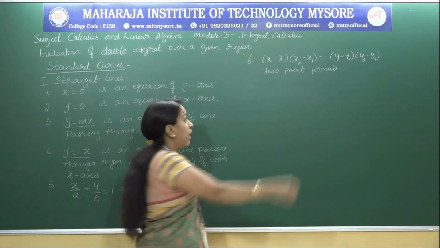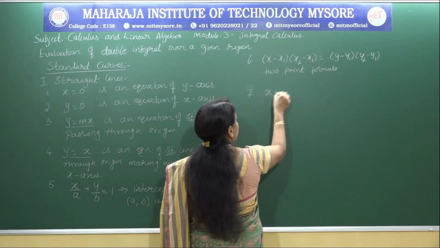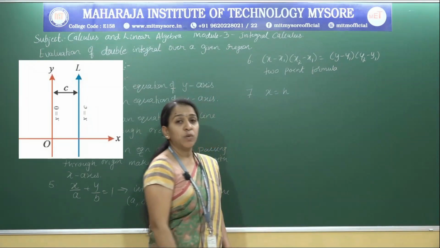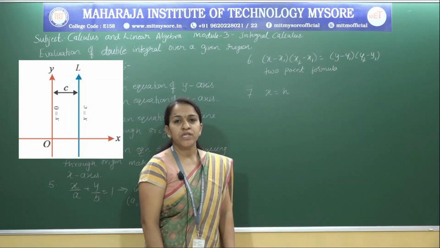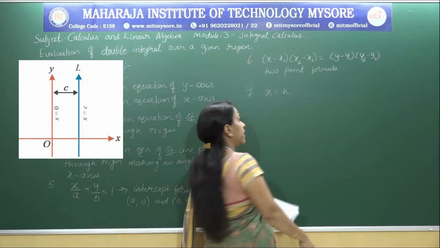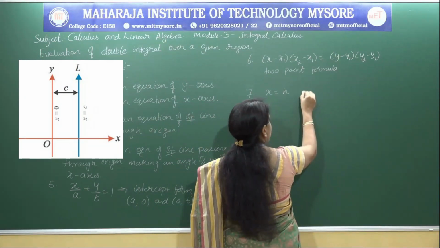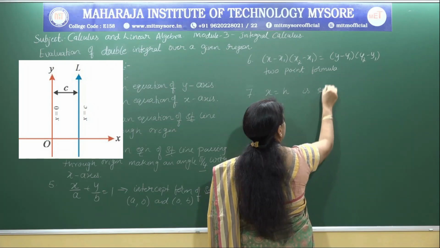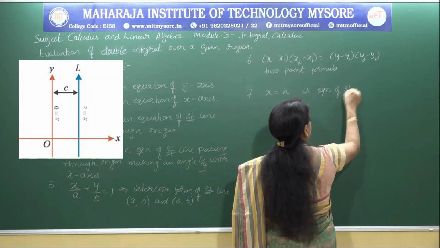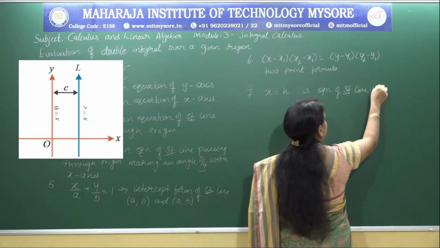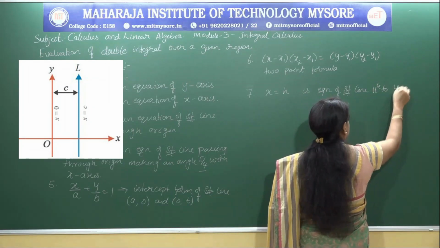The next one is x equal to h, which represents the equation of a straight line parallel to the y axis.